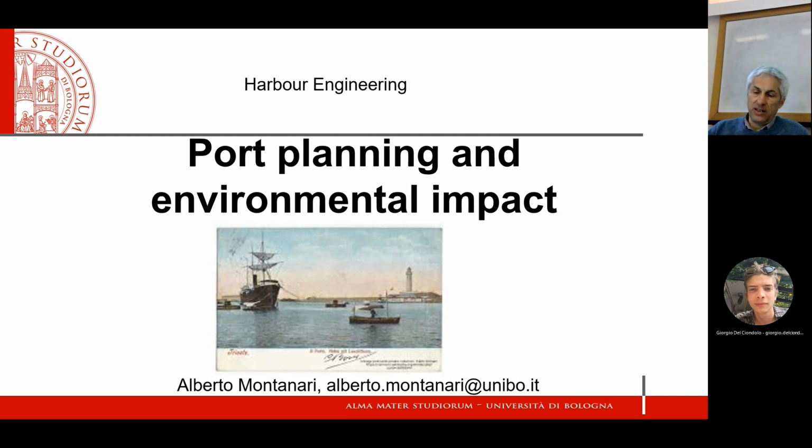We need a proper preparation, a proper collection of information, a proper information gathering in order to understand and predict the interaction between the port activities and the environment. This is why we also made a premise on the value and functioning of beaches.